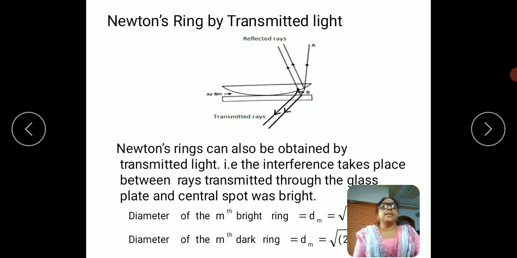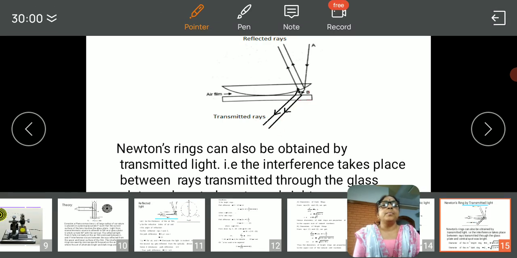The interference takes place between the rays transmitted through the glass plate, and the central spot is bright, whereas in reflected light the central spot is dark.